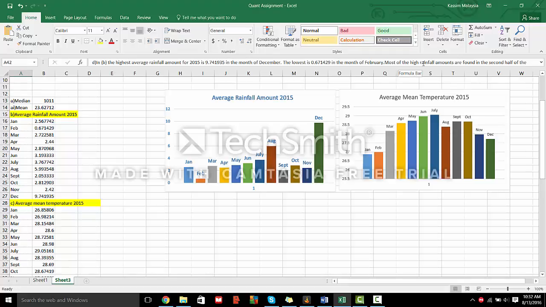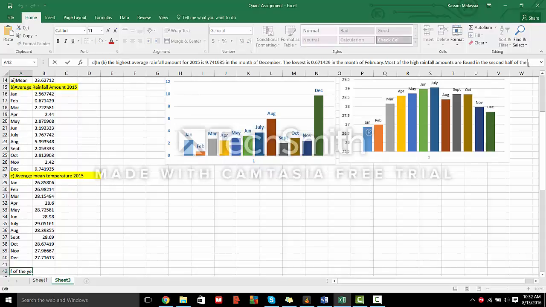Most of the high rainfall amounts are found in the second half of the year, especially December, higher than the first half. Then the highest mean temperature is 29.05161 in the month of July, and the lowest is 26.85806, which is January.